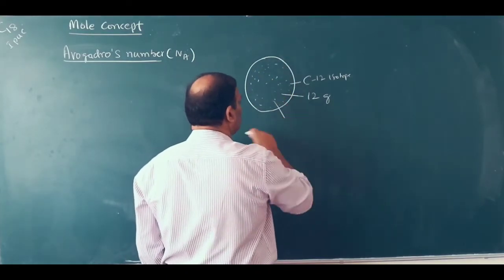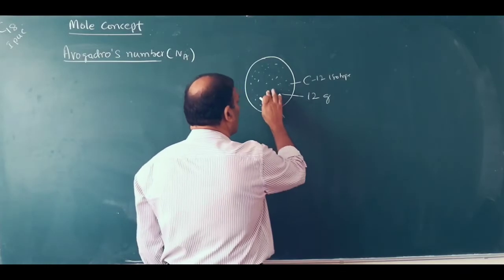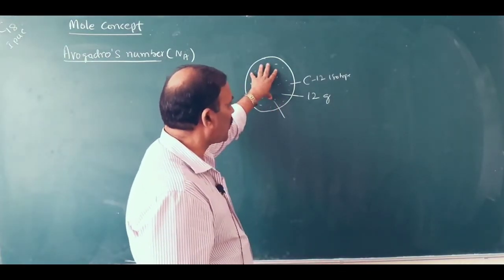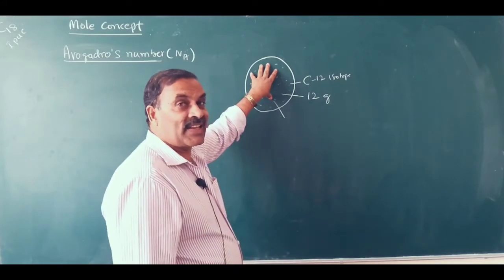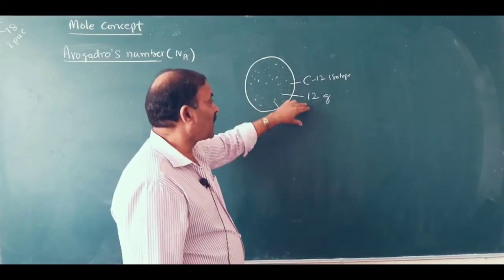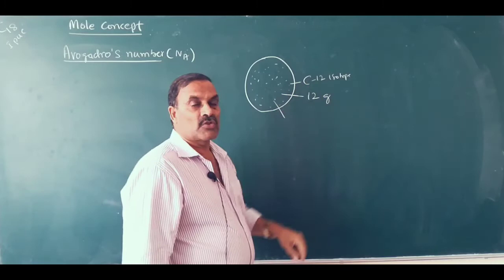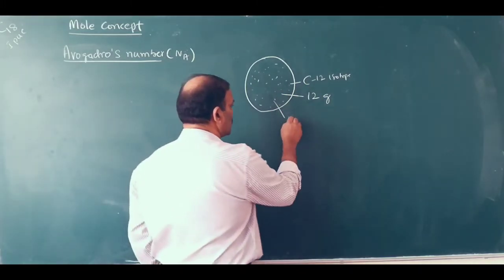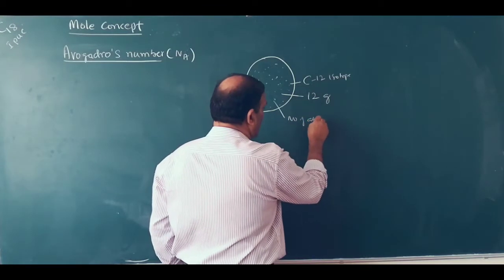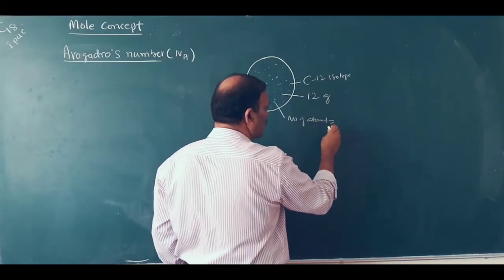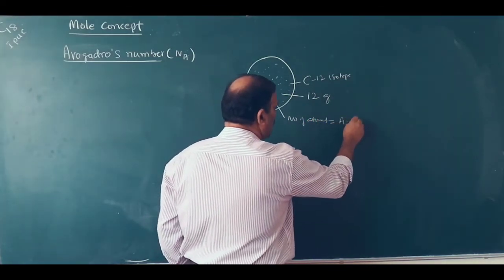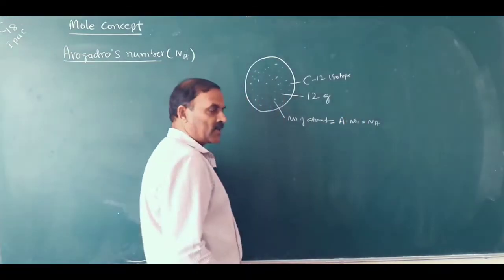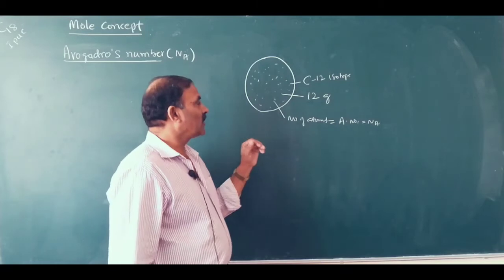The number of atoms of carbon present in exactly 12 gram of carbon 12 isotope is known as Avogadro number, that is Na. So what is Avogadro number?